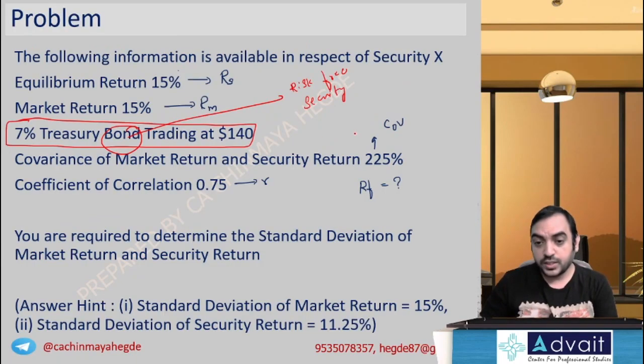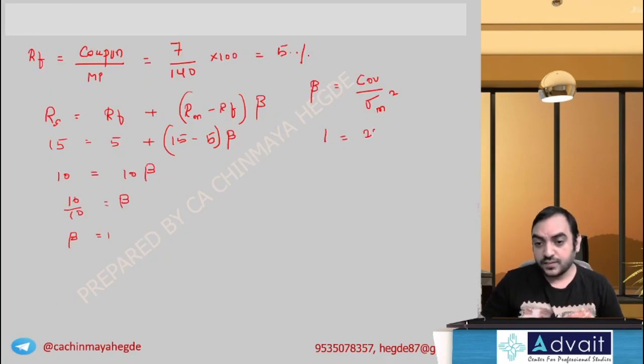Beta equals 1. Covariance is given to be 225. Market variance: so market variance equals 225 into 1, means 225. If I take a square root, standard deviation of M equals 15. Now use the other formula, beta equals R into standard deviation of security by standard deviation of market.